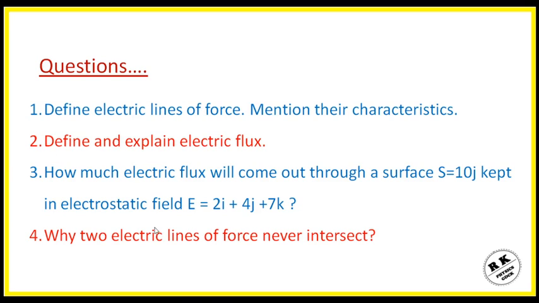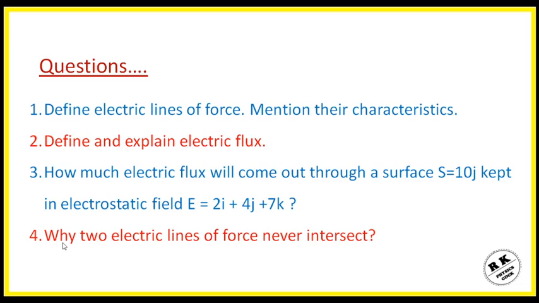How much electric flux will come out through a surface S equal to 10 j kept in electrostatic field E equal to 2i plus 4j plus 7k? Here both are given in vector form, so we can find the dot product, the scalar product of these two. We will get the answer.